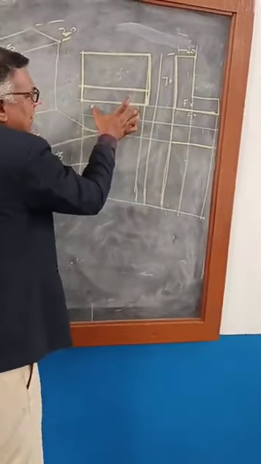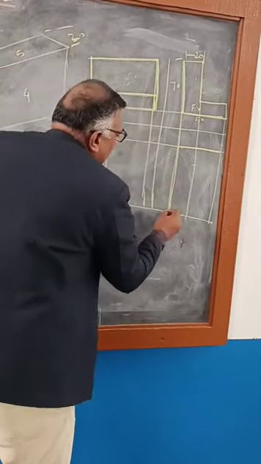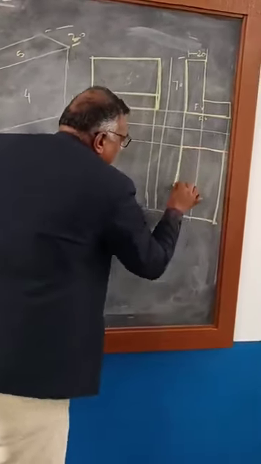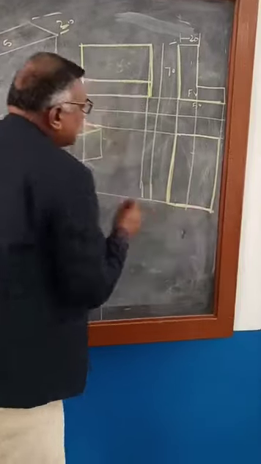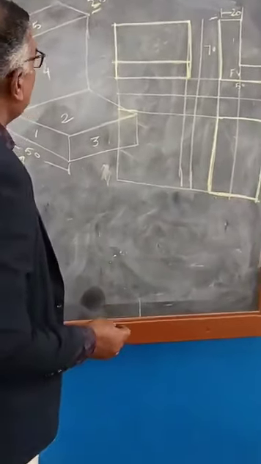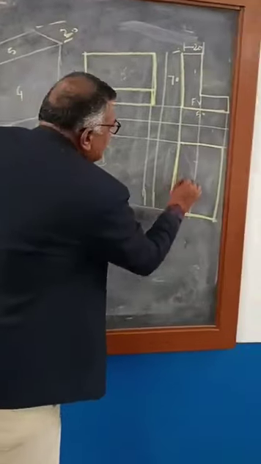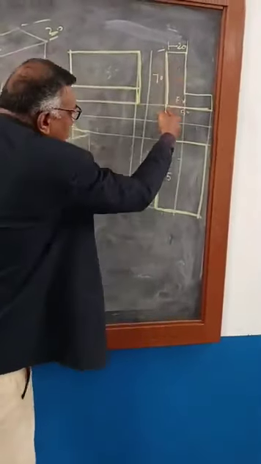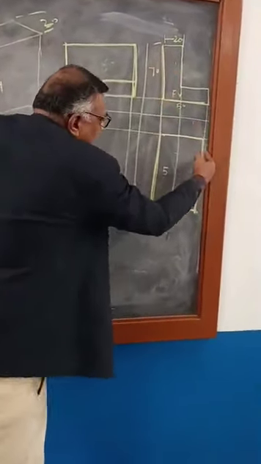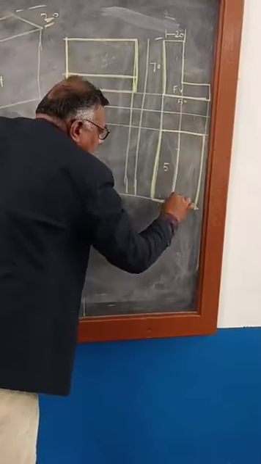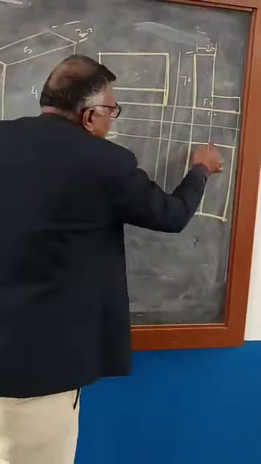The side view length is equal to the top view height. Then we can construct a box. When you are viewing from the top view, this part 5 is visible. So this is part 5. Already projection is made here and projection is made here, and this line will be this part.